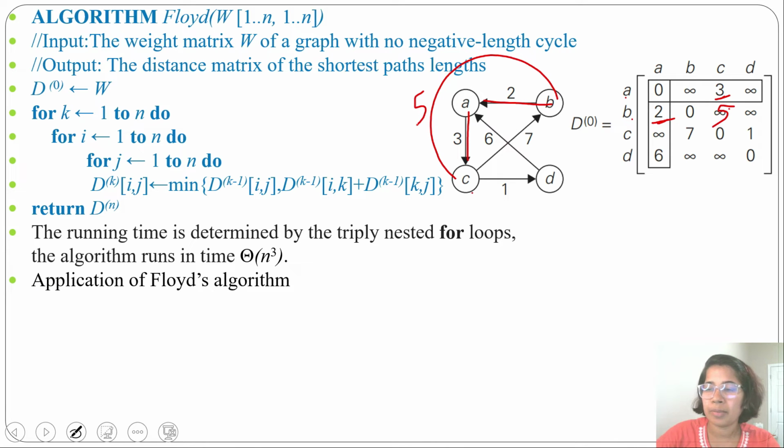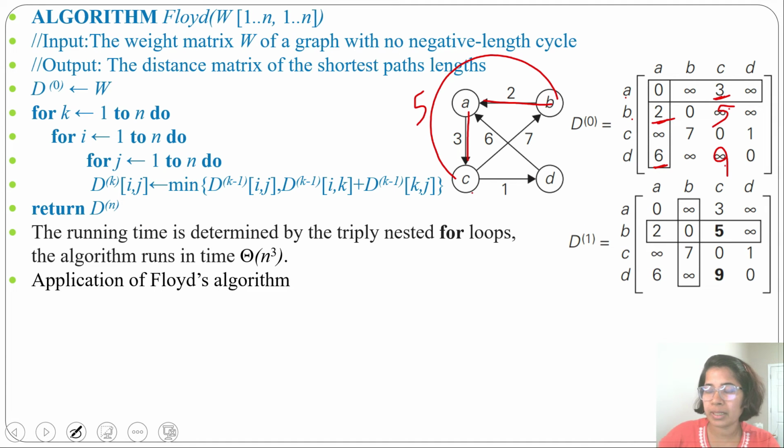Previously it was infinite, now it will be 5. D to A cost is 6, then A to C cost is 3, so D to C cost will be 6 plus 3, 9. Only these two costs will be changed. One is 5, another is 9.